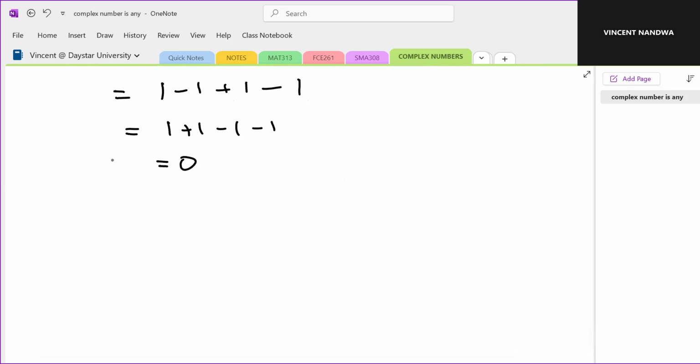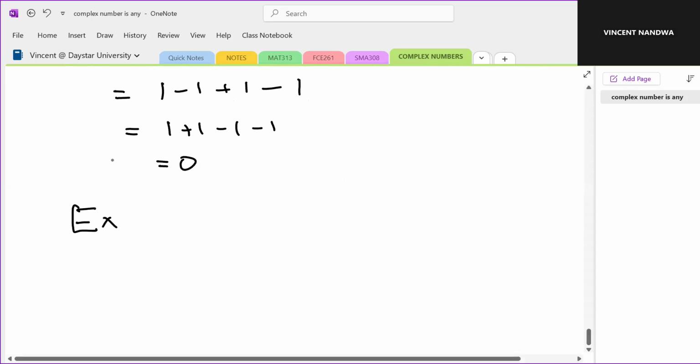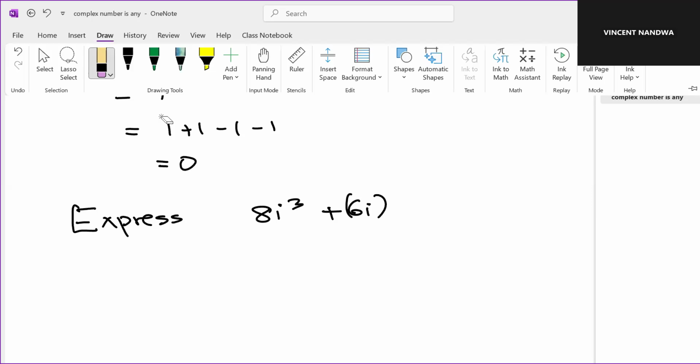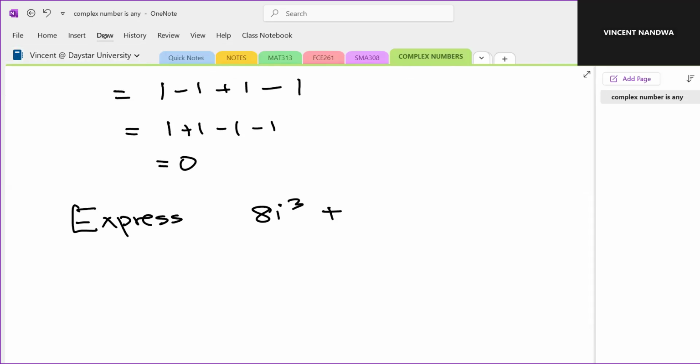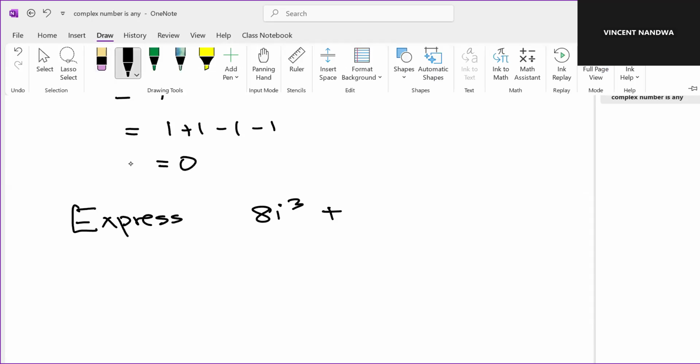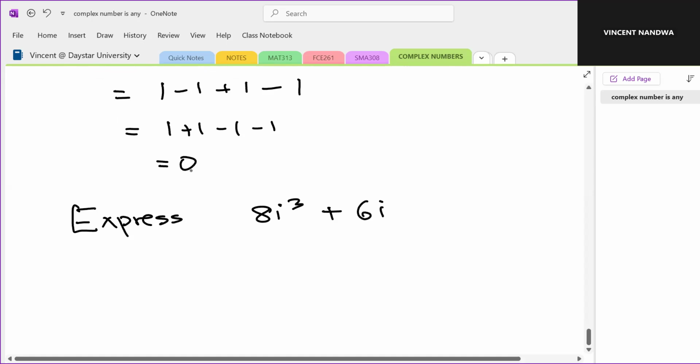But then lastly, on the same, if we have to express 8i cubed plus 6i power 16 minus 12i power 11 in the form a plus bi.